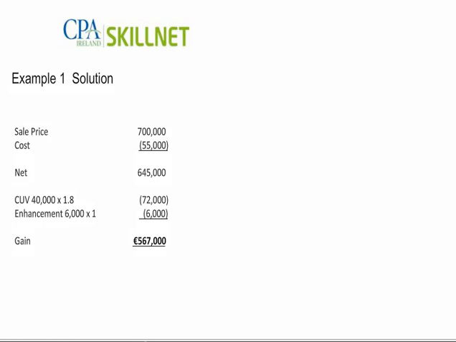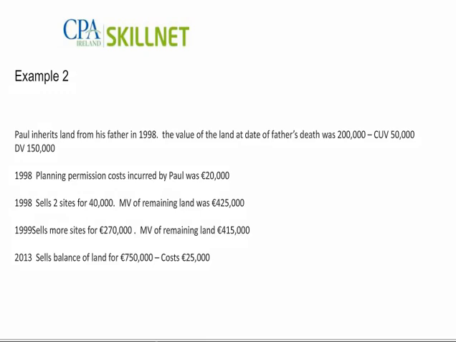Cost, agricultural value only, that's all that was there when he got it: 40,000 by 1.8, 72,000. Enhancement expenditure: now you'll see that here's one of the key rules kicking in. No indexation. I just showed one there to show it, but no indexation. And that gives you an overall gain of 567,000.